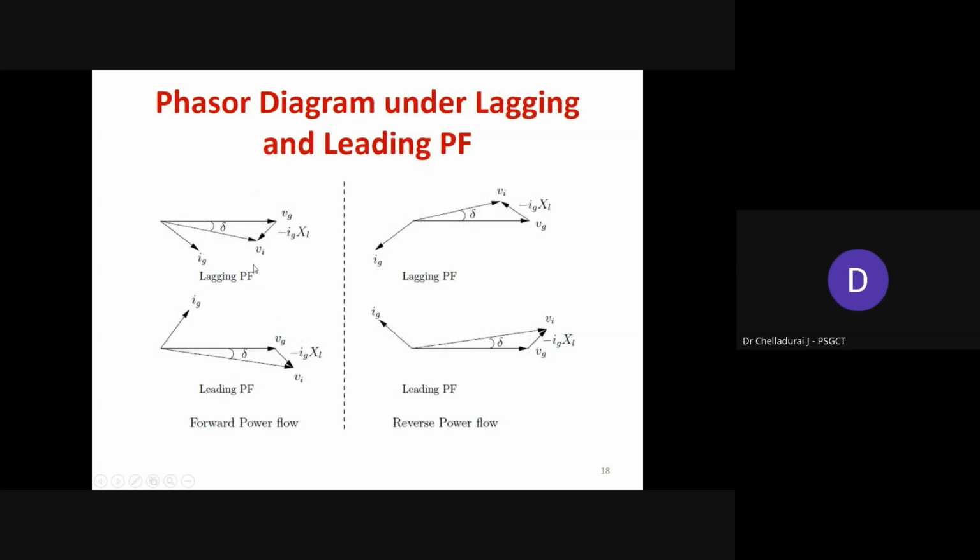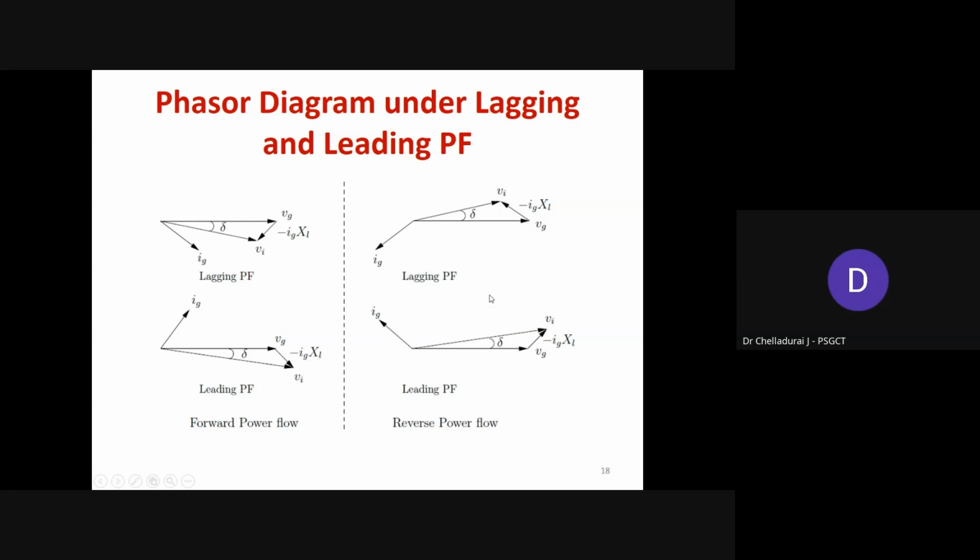In this case, again only the voltage magnitude and the phase angle are varied to change from unity to lagging power factor mode. Or for leading power factor mode, we have to increase the voltage magnitude.